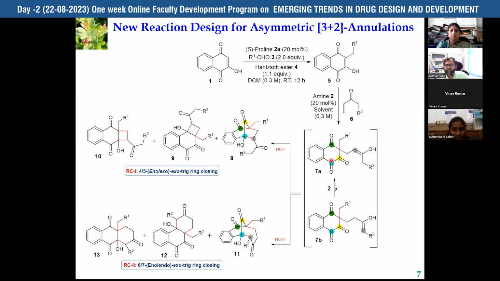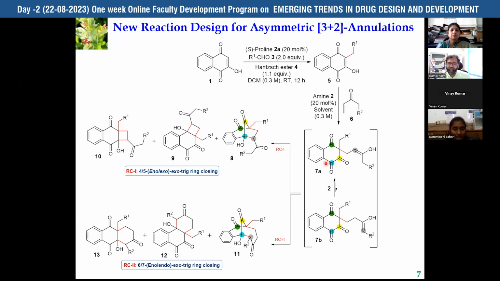To understand this one, because you have one more carbonyl here. So this carbonyl is there. Now from here, this is the nucleophile, 1, 2, 3, 4, 5. So 1,5 cyclopentanylation is thermodynamically and kinetically very feasible for the substrate to be involved in the reaction.